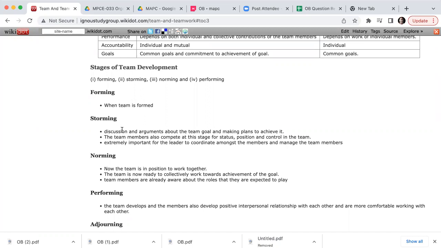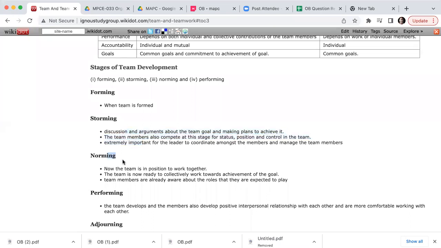What you are doing is a brainstorming exercise, you are arguing with people, saying, boss, this is what we want to do together, this is not what we want to do. Okay, and we are going to make him the leader, you are the manager, you are going to do this task, he is going to do that task. All that brainstorming and planning exercise is going to happen during the storming stage.